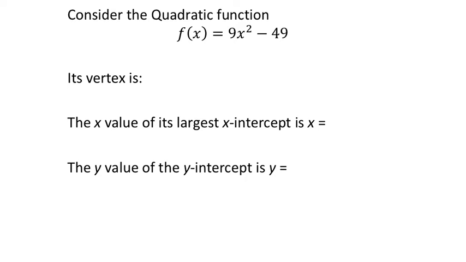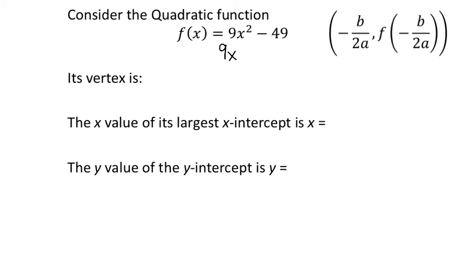All right, so here we go. Consider this quadratic. We want to find the vertex, right? So let's use the vertex formula. First I would solve for the x value. Now this one, it's not showing a b value for us, but there is a b value there.